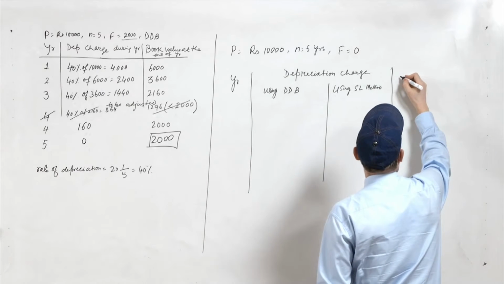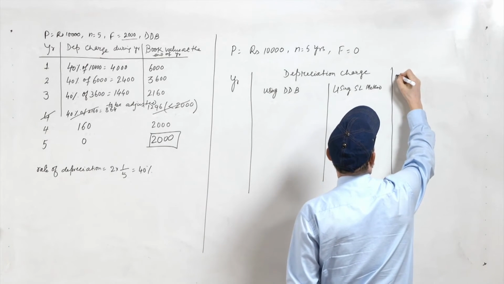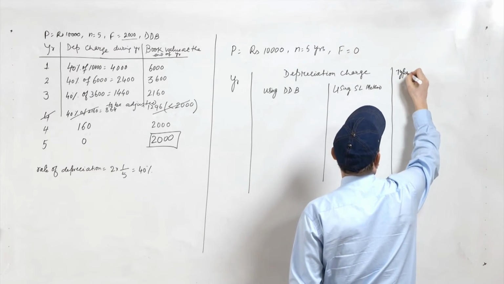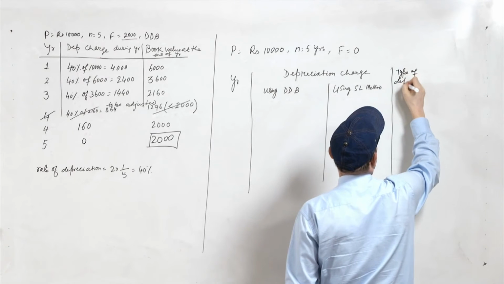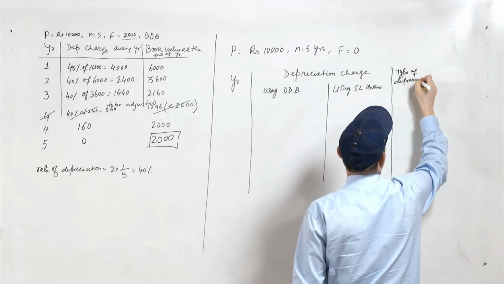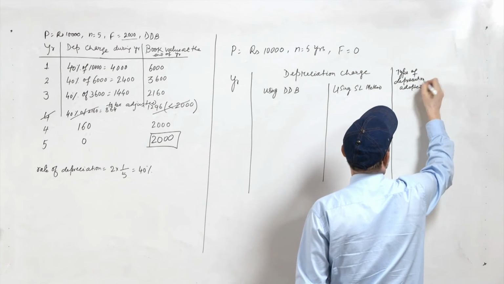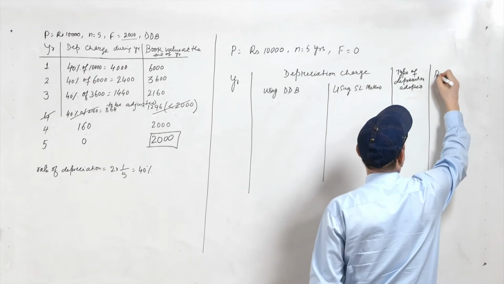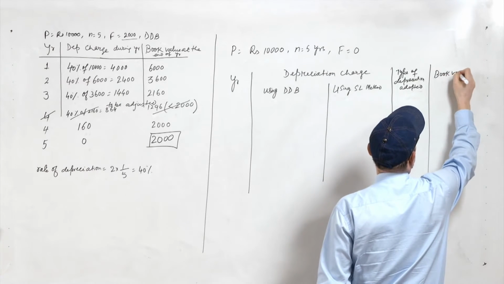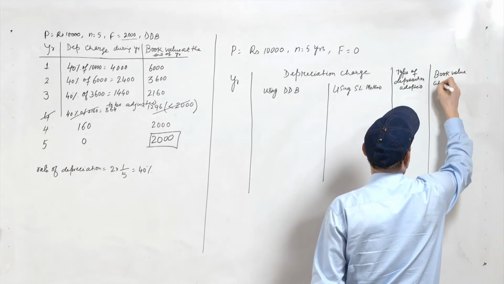Then you will find the type of depreciation adopted and your book value at the end of year.